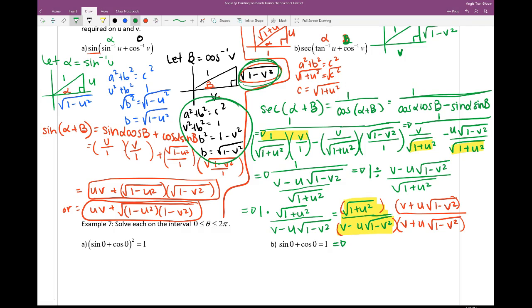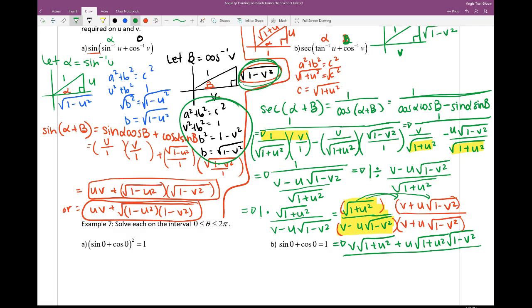Okay, so let's do the top one. The square root of 1 plus u squared times that is going to be v in the front times the square root of 1 plus u squared. The square root of that times that is going to be an addition of u times the square root of 1 plus u squared times the square root of 1 minus v squared.